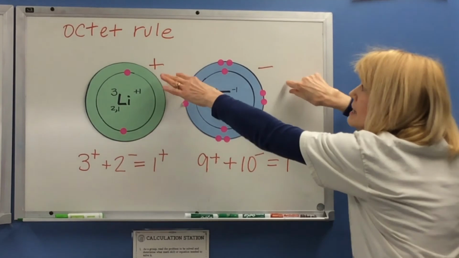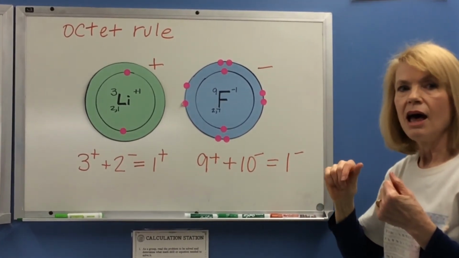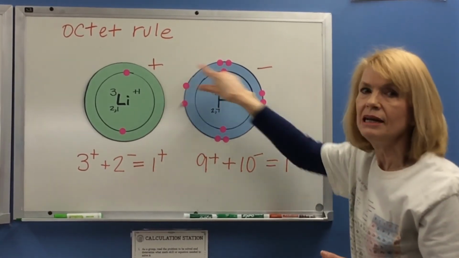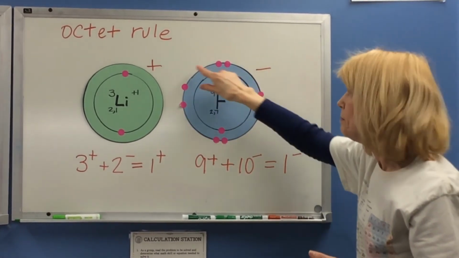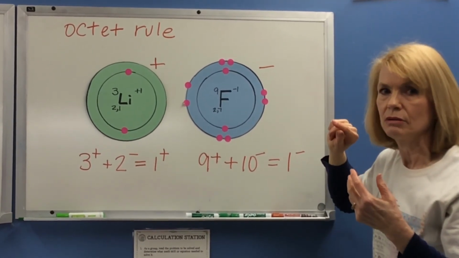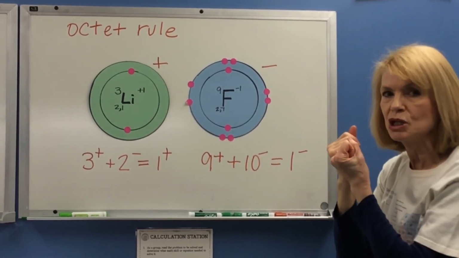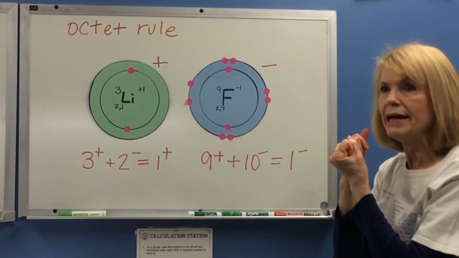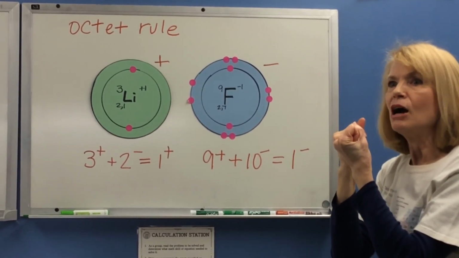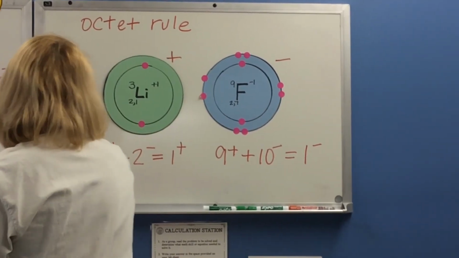So now we've got a positive charge and a negative charge, and just like magnets, when you have a north end and a south end, a positive end and a negative end, they're attracted to each other. And so these ions are attracted to each other. They don't join specifically, they are just attracted to each other, and that's called an ionic bond.